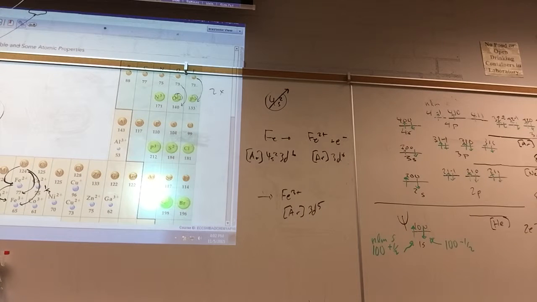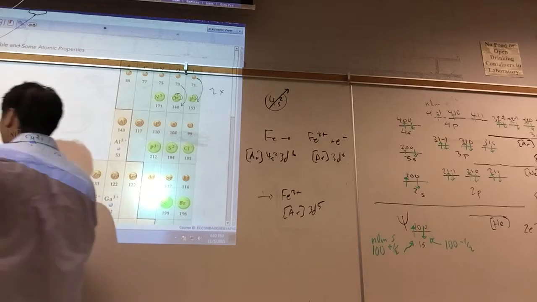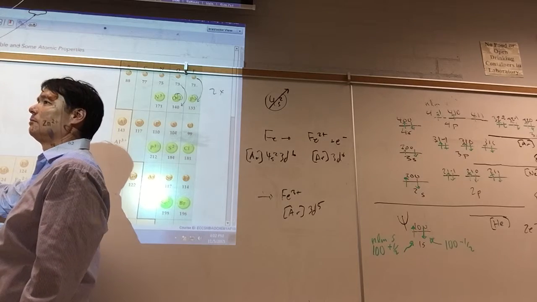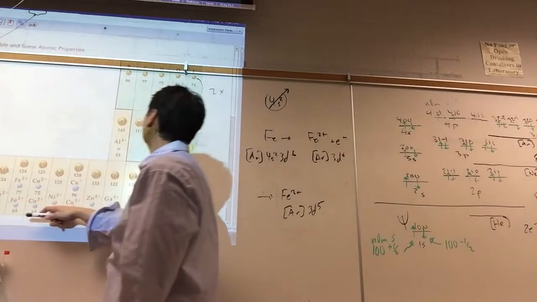So an interesting thing happens here. Now we're going to look at the blue and the green. For the neutral atoms, the biggest are on the left. For the ions, the biggest are on the right. For the neutral atoms, the biggest neutral atom is at the bottom left, because it has the most shells and the lowest Z effective.